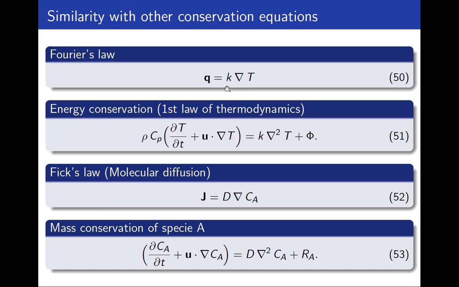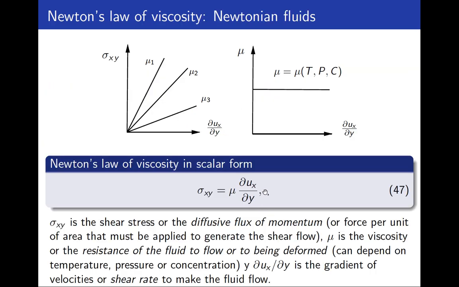The heat being transferred from one body to another is given by the product of the conductivity multiplied by the temperature gradient, which you can notice is very similar to Newton's law.